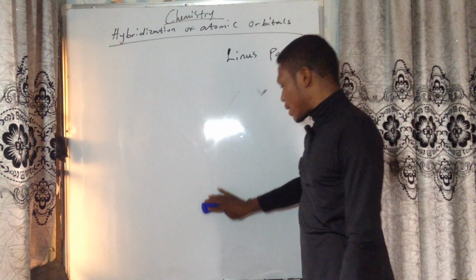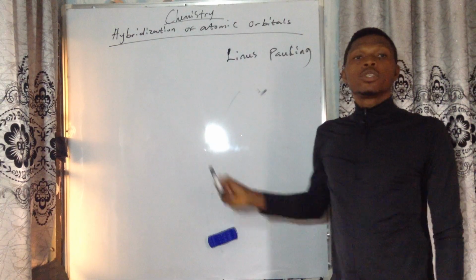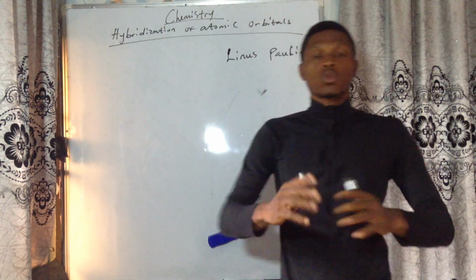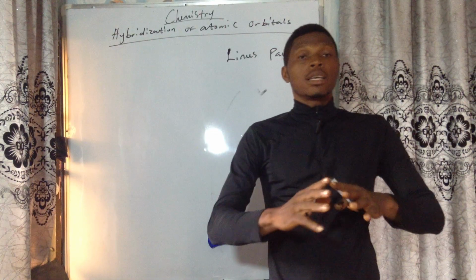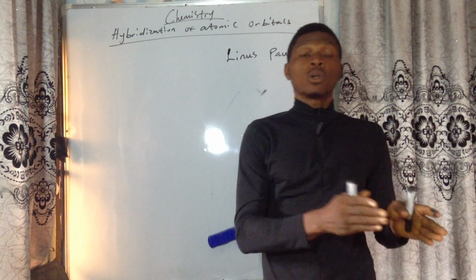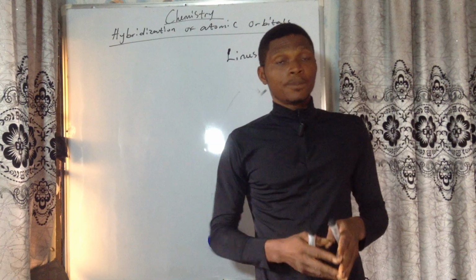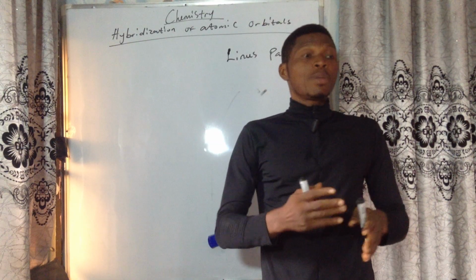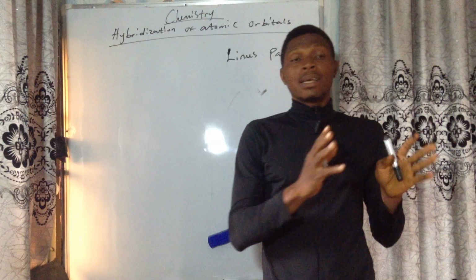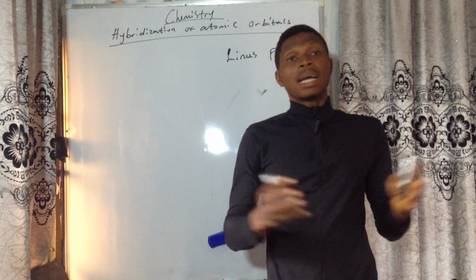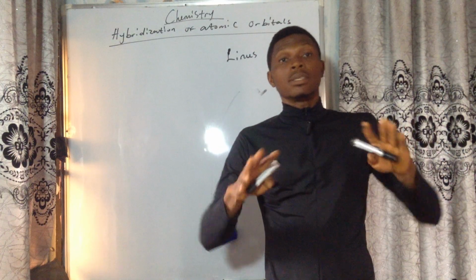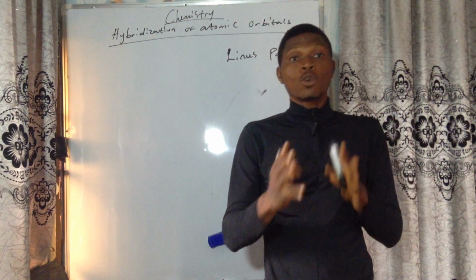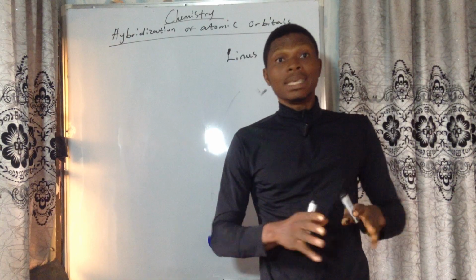He developed this theory to explain the molecular structure of covalent substances and also coordinate covalent substances. What I mean by coordinate covalent substances is that the bond that exists in the substance is a coordinate covalent bond or dative bond.